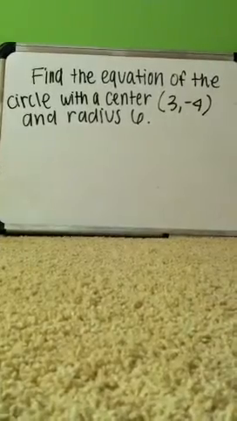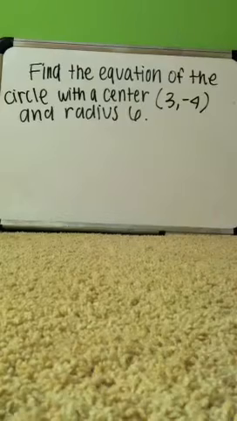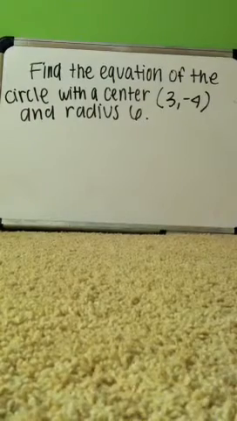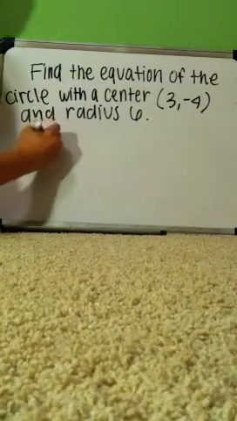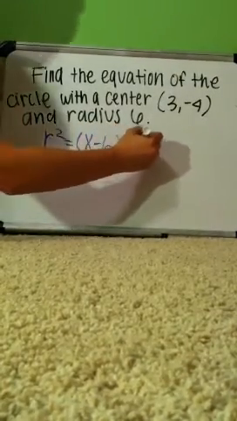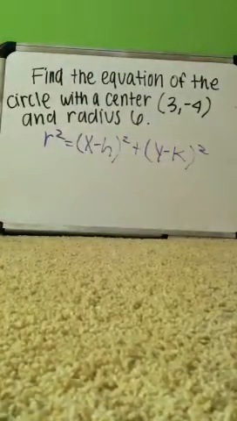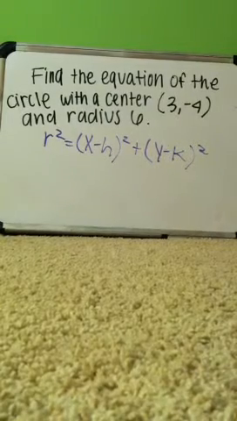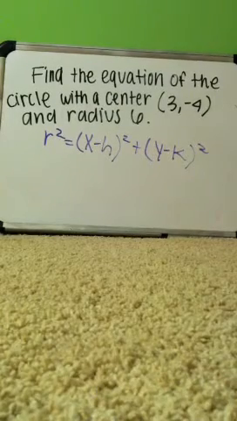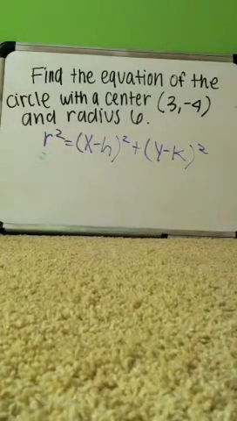Okay, here we have another problem. Find the equation of the circle with a center (3, -4) and radius 6. So real simple, we just plug it into our equation. Again, our equation is r squared equals (x minus h) squared plus (y minus k) squared. The radius is 6, so we do radius squared. That would be 36.